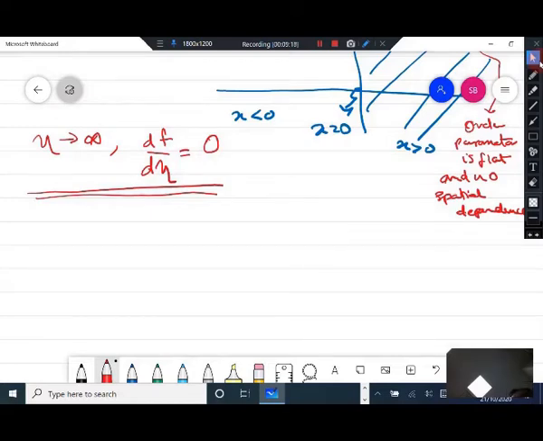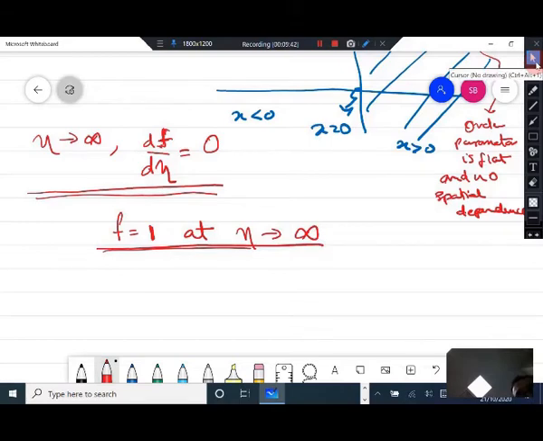So the derivative of this quantity f, which encodes the spatial dependence of the order parameter, is equal to 0. The spatial derivative of this function f is 0 at infinity, or f is equal to 1 at eta tending to infinity. This is also another condition that you use.